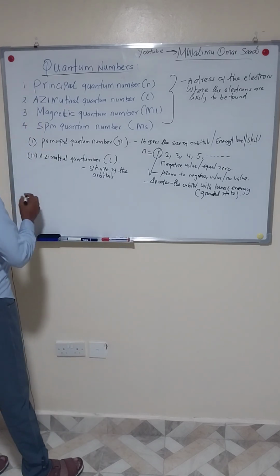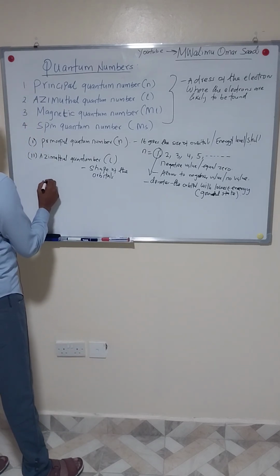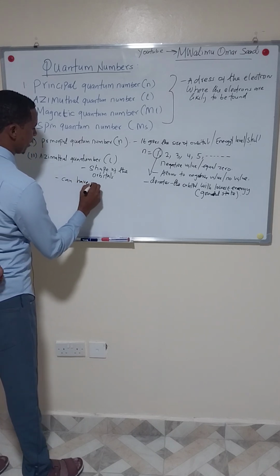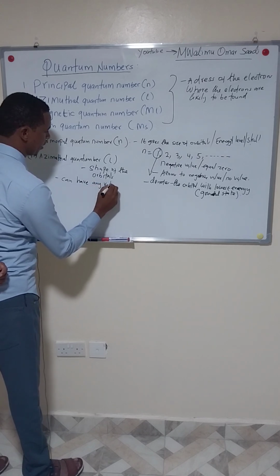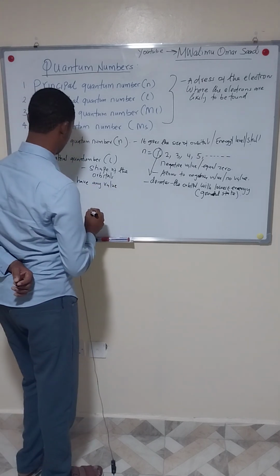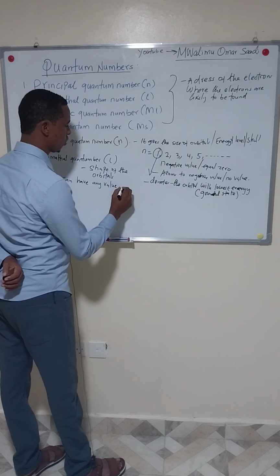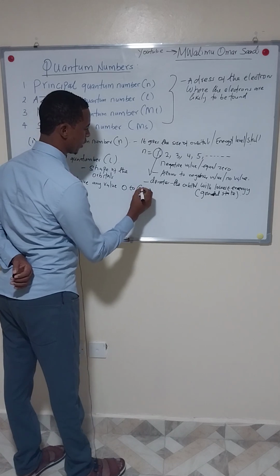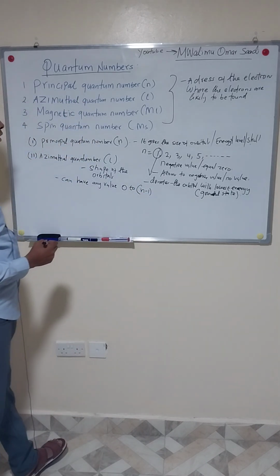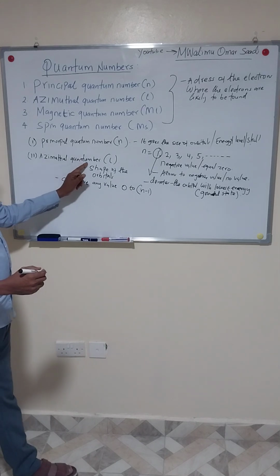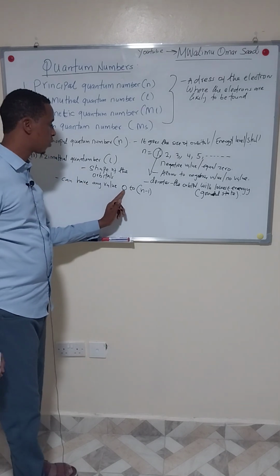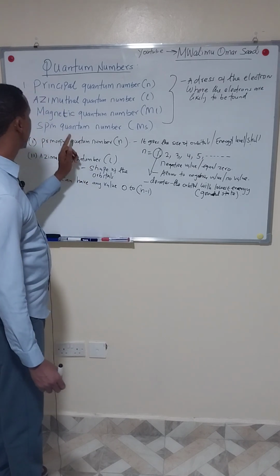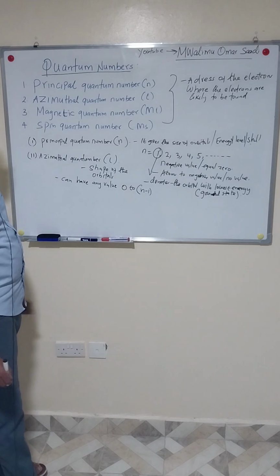So the azimuthal quantum number can have any value from 0 all the way to n minus 1. So that means it depends on the principal quantum number.